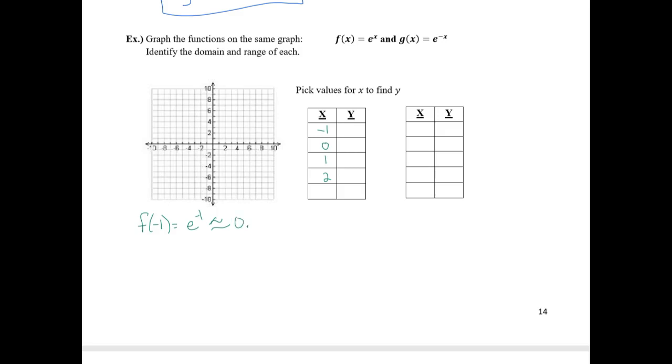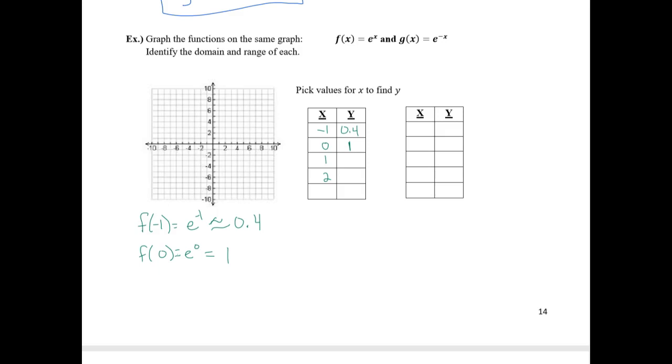I'm just going to round to the nearest tenth because I really can't graph any more accurate than that by hand. Now let's do 0. So I have e to the 0 power. This is the only one that's going to be nice. Anything to the 0 power is 1. That's a nice whole number.